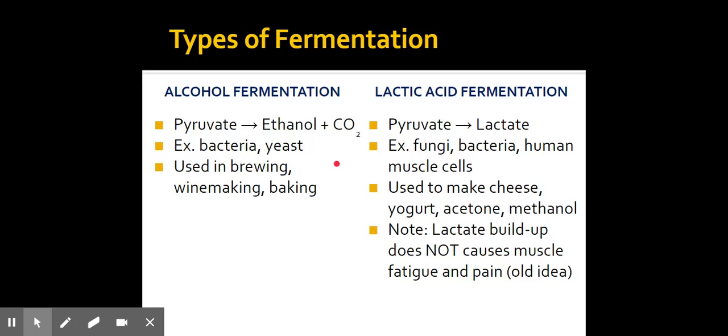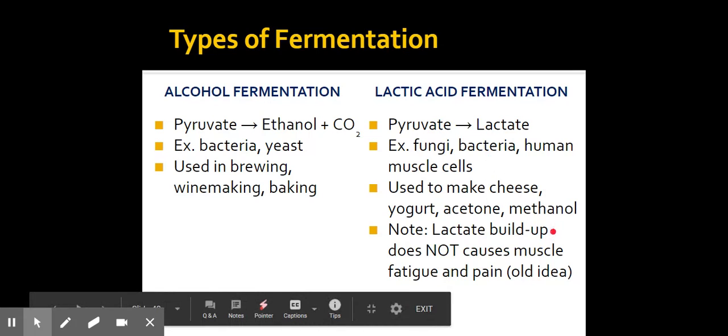Lactic acid fermentation, again, is commonly associated to the muscle cells, but it is used for some common things like cheese making and yogurt making, which is kind of cool. Oftentimes a misconception is that lactic acid is connected to a buildup in muscle cells, which causes our muscle fatigue.